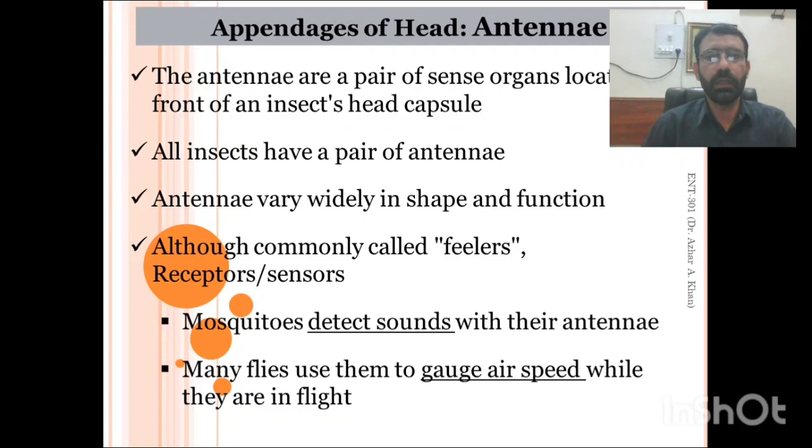Commonly, these antennae are also known as feelers, receptors, or sensors because they are used for detection of sound, gauging air speed or flight, movement, and many other sensory detections.